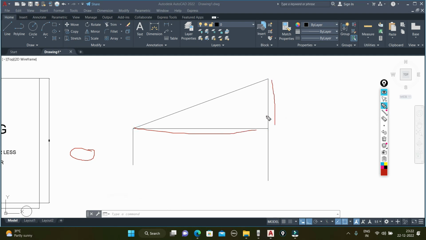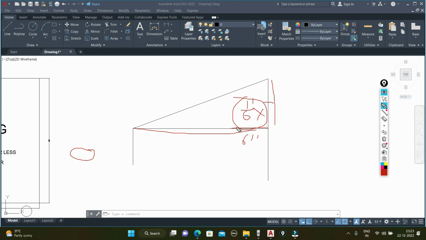If it is a 1 inch rise and 6 inch run, it means from here 6 inches, and this is the 1 inch rise. In every 6 inches, 1 inch is rise, then it will be more than 16.7%.